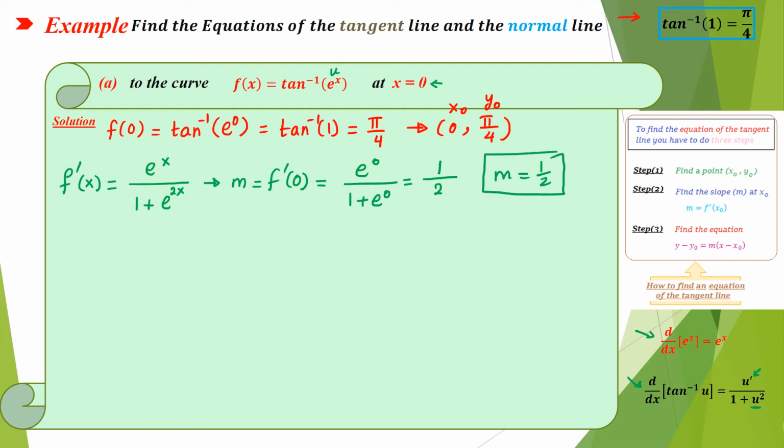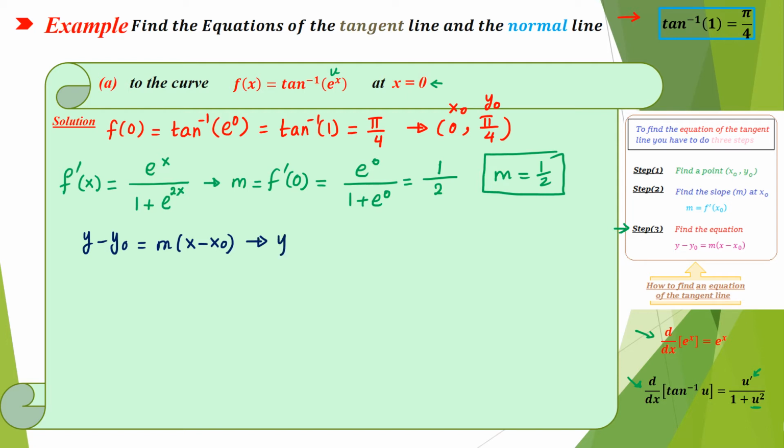The next step, you have to use the equation of the tangent line, and the equation of the tangent line is y minus y0 equals m multiplied by x minus x0.